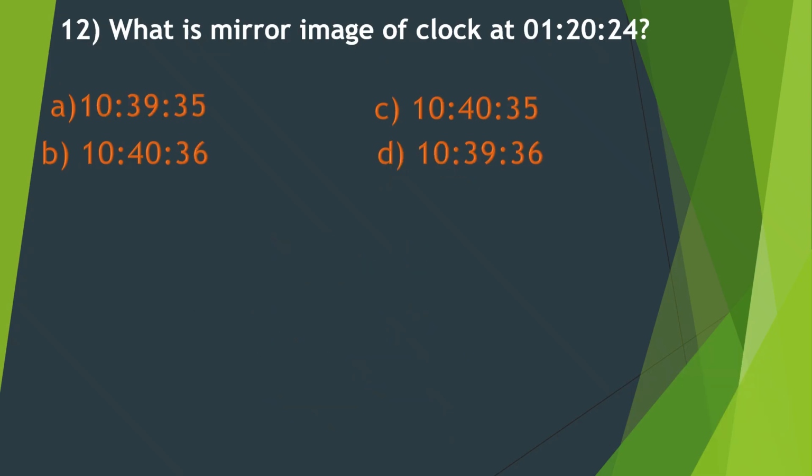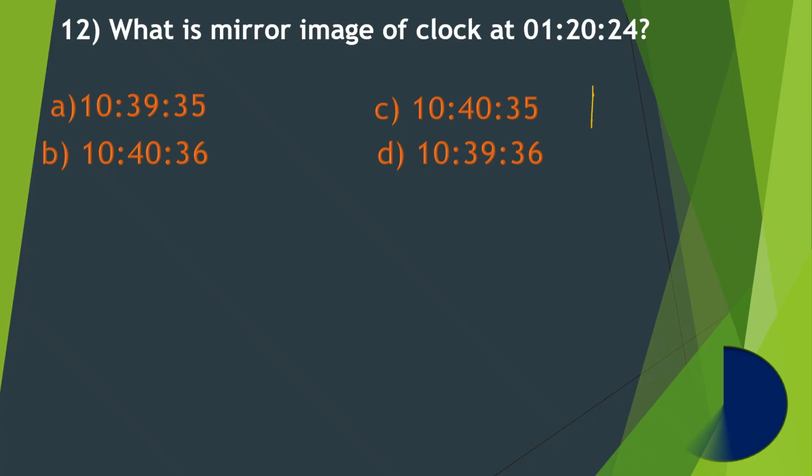12th question on your screen and your timer starts now. What is the mirror image of clock at 1 hour, 20 minutes, 24 seconds? Here you have 24 seconds added to it.